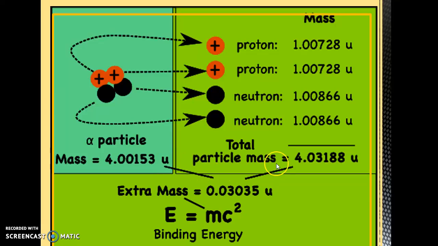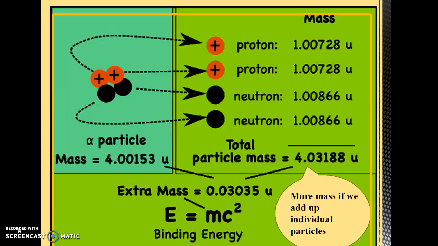If you compare those 2 rest masses, which one is bigger? The sum of the individual particles. So there's an extra mass on the right of 0.03035 atomic mass units. That extra mass is what we're going to put into our equation, E equals mc squared.